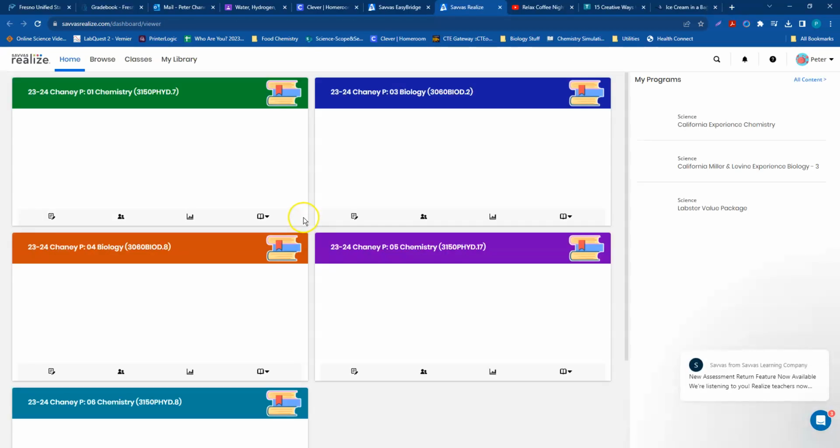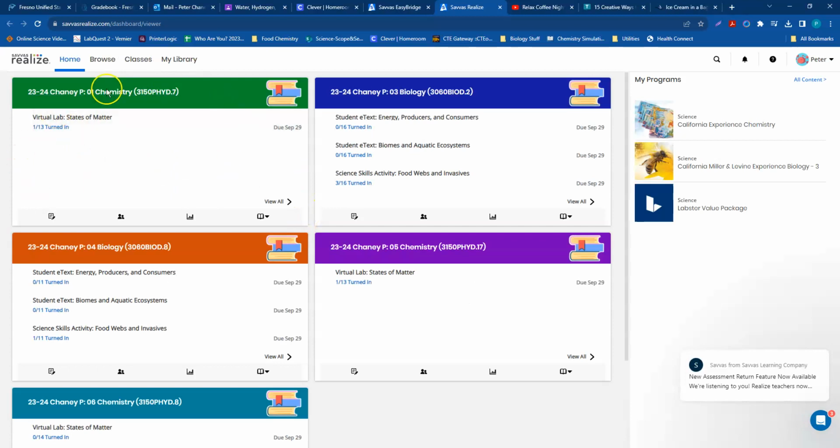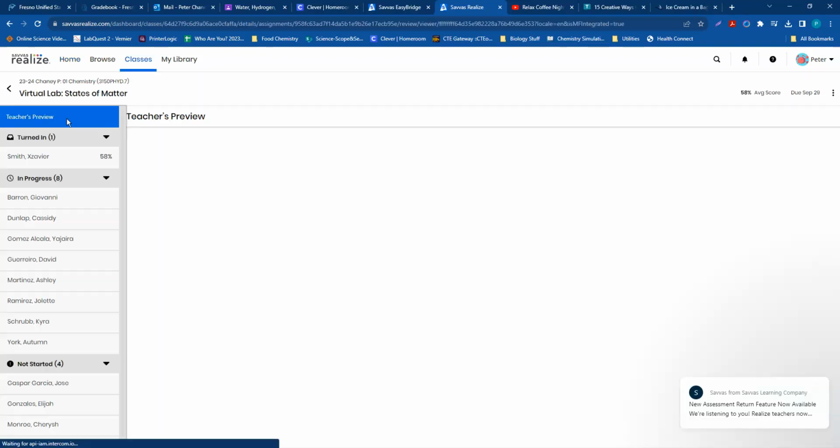It's slow, so I'll show you what that looks like. Each of you has a pane that looks like this, just one because you're only in one class. Virtual Lab States of Matter is the one that we're doing. So we're going to click on that.